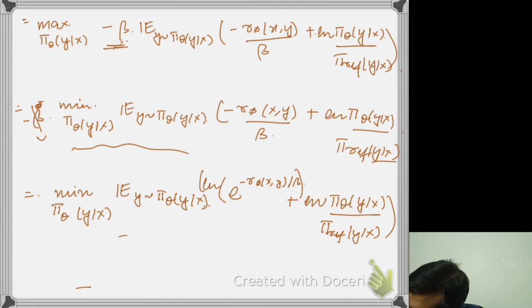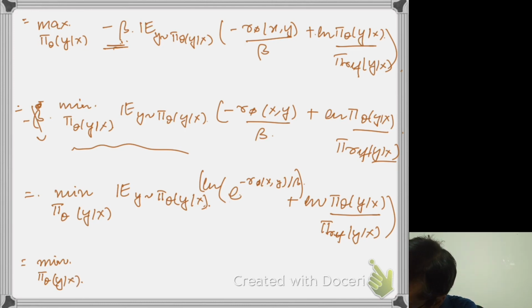Okay, what I meant to do was to write it as a log, right? And that's why I introduced this exponentiation. This is log of exponentiation of minus r phi xy over beta, right? And now it's a sum of logs, so I can combine them together.